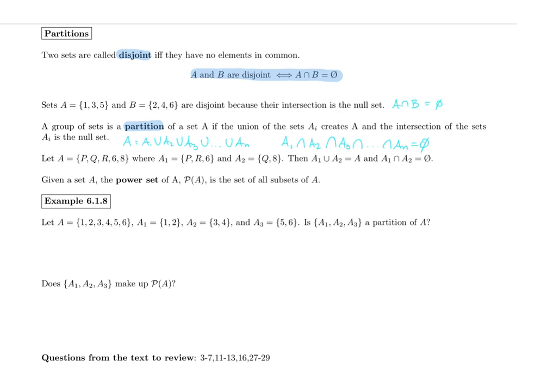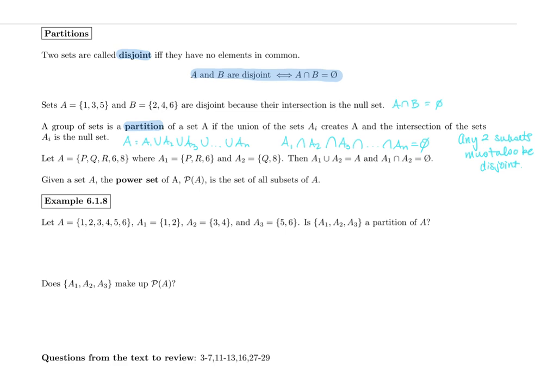And here's the other requirement for a partition: each of the sets has to be mutually disjoint. Any two sets, so any two subsets, must also be disjoint. So all of these subsets A1 to An are mutually disjoint, or as our business friends like to call them, mutually exclusive.